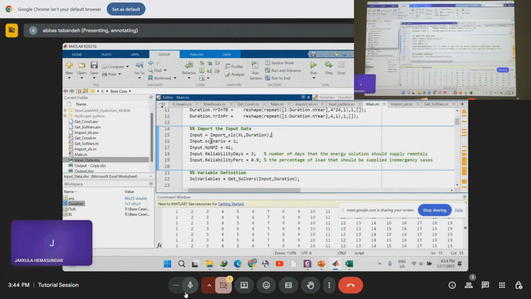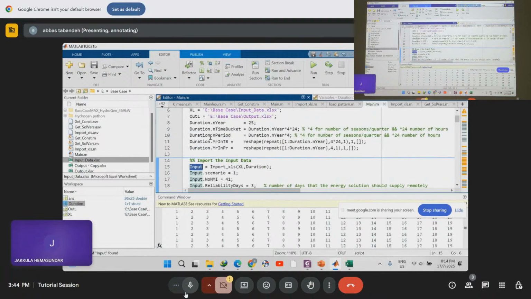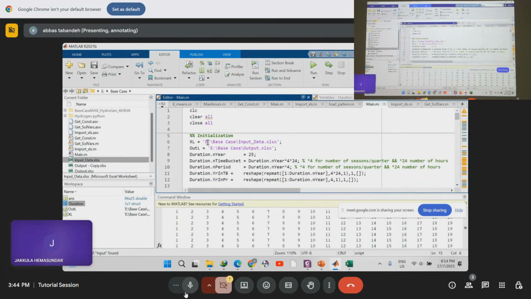To import the input data, we have defined a function, and we call it input is equal to this function, and it has 2 arguments, XL and duration. Duration we have defined here, and XL is the directory.